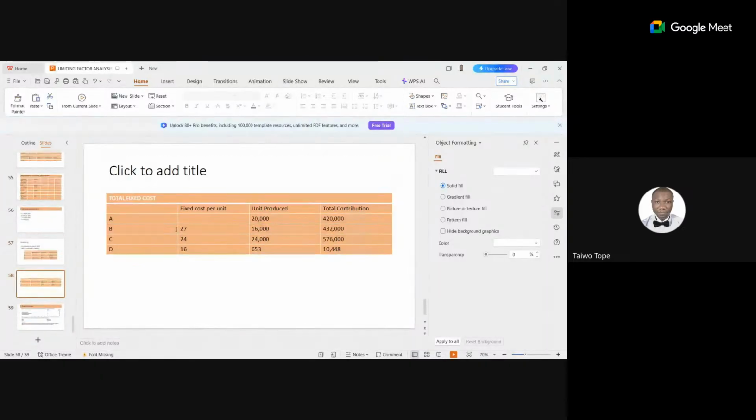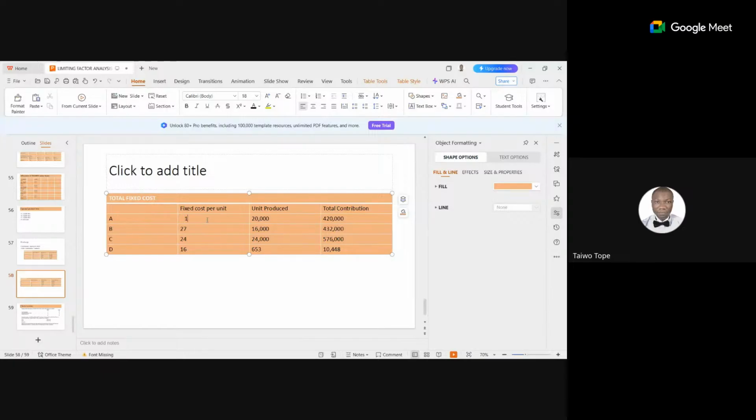So we have it as 1, for this to be 2. For this is what? Is 3. And for this is what? Is 1. So you multiply. The total fixed costs, this will be what? 20.